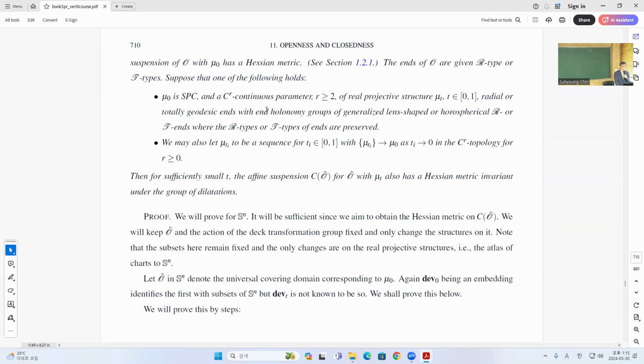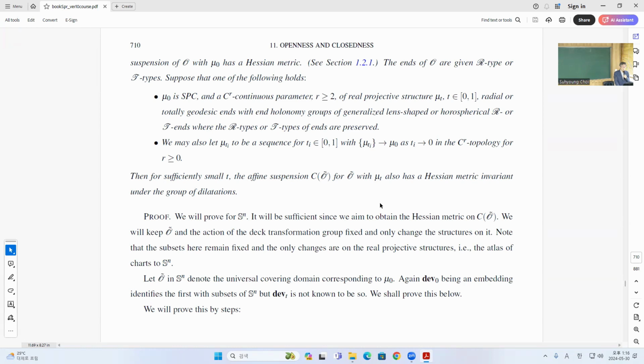So if mu0 is SPC, and then you have a C^r continuous parameter of projective structures with this Rn T type preserved, and then let's say mu_i, t_i is some sequence converging to mu0 in the C^r topology. Then for sufficiently small t, the affine suspension also of this mu_t has a Hessian metric invariant under the group of dilatations.